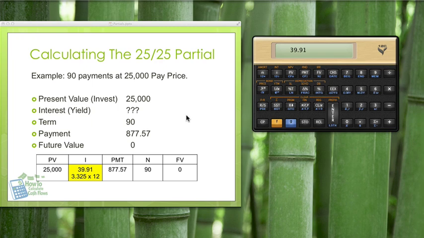And I encourage you to take a look at using that, especially when you have a seller that just won't take a discount. Now, we all know that with the time value of money, when we're paying this price, say $25,000 for 90 payments or $50,000 for 180 payments, there really is a discount compared to the face value of the note. But you'd have to understand time value of money to understand that.